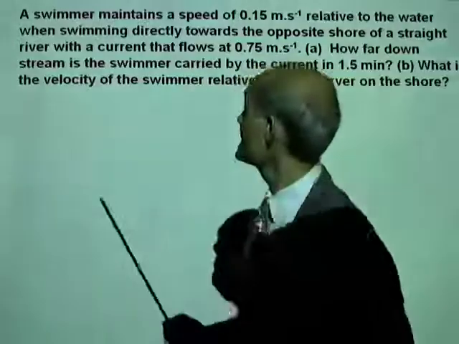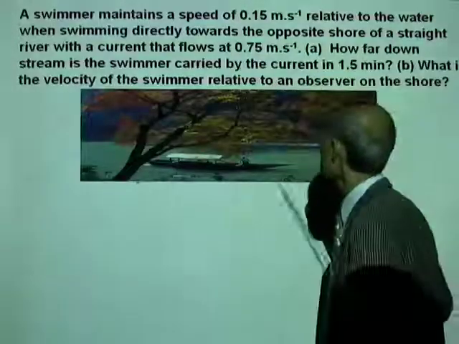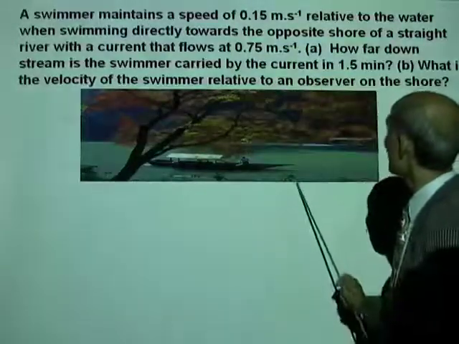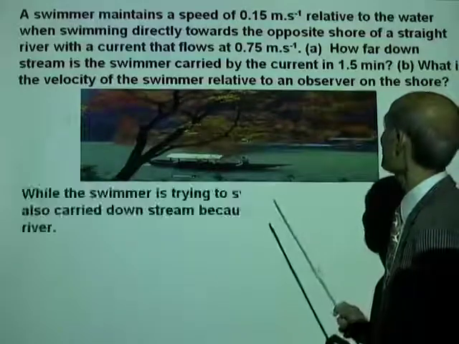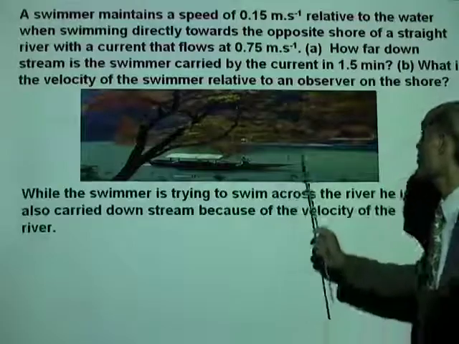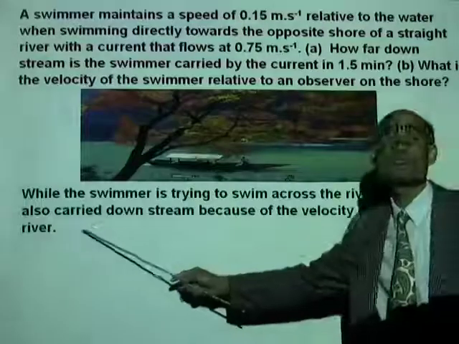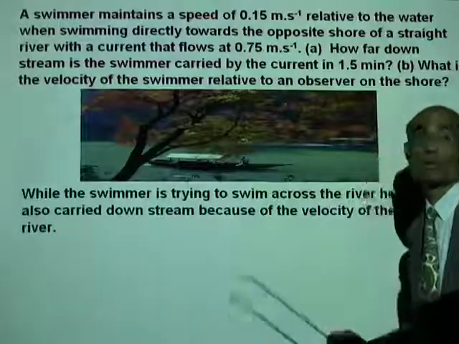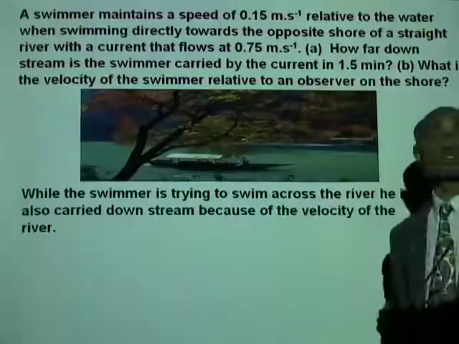Okay, let's set it up. Now here is the river and the swimmer is trying to cross the river. While the swimmer is trying to swim across the river, he is also carried downstream because of the velocity of the river.